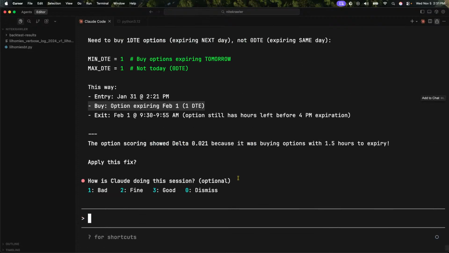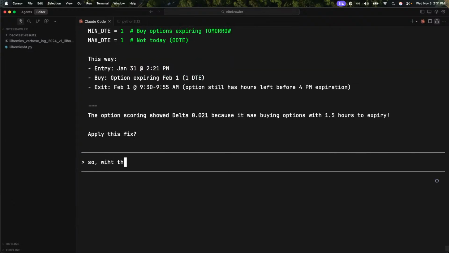So with this fix, let me just stop the backtest because it's just running for no reason.